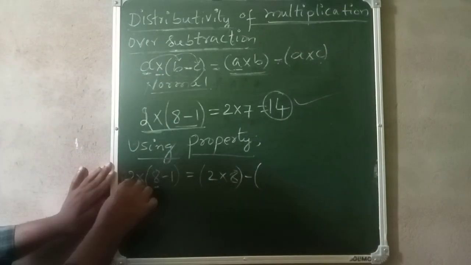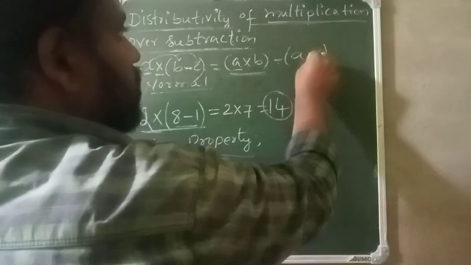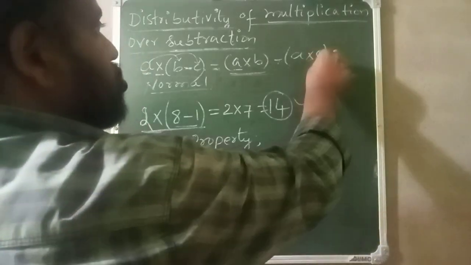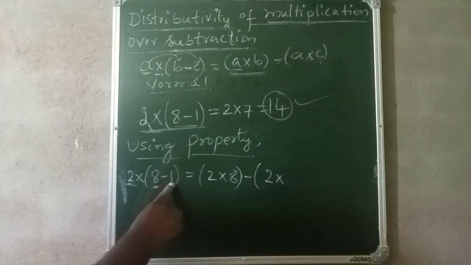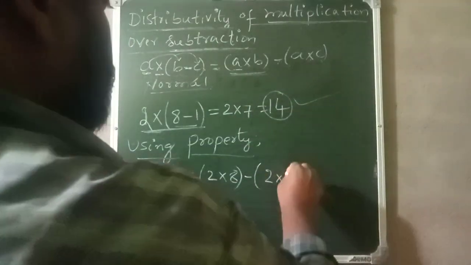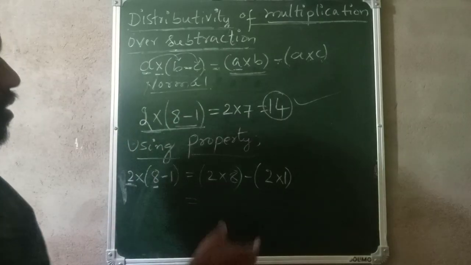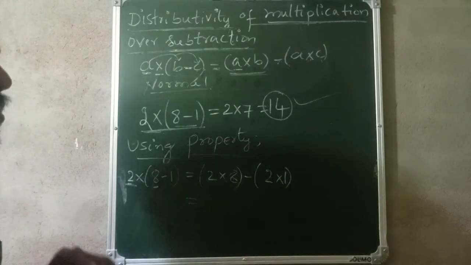In place of a we have 2, so in place of a write 2, into c. In place of c we have 1, so in place of c write 1, that is equal to.